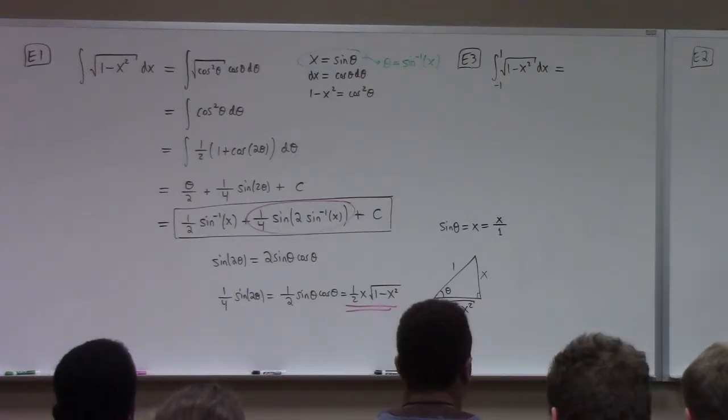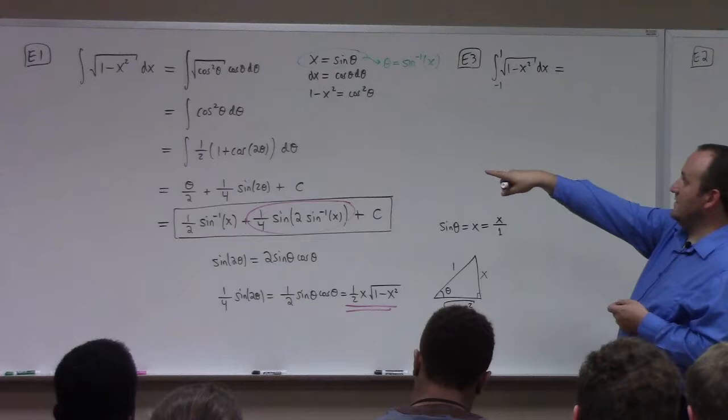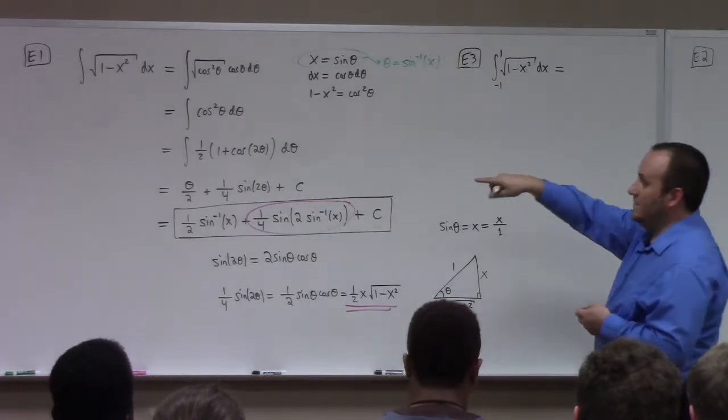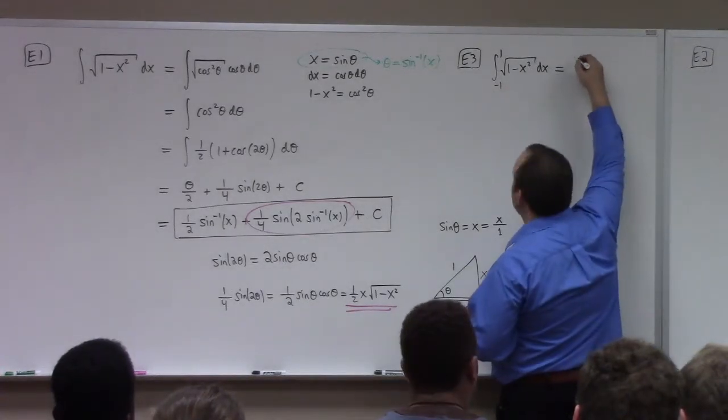So we could go through the same argument as in example 1, right? It will not be 0.